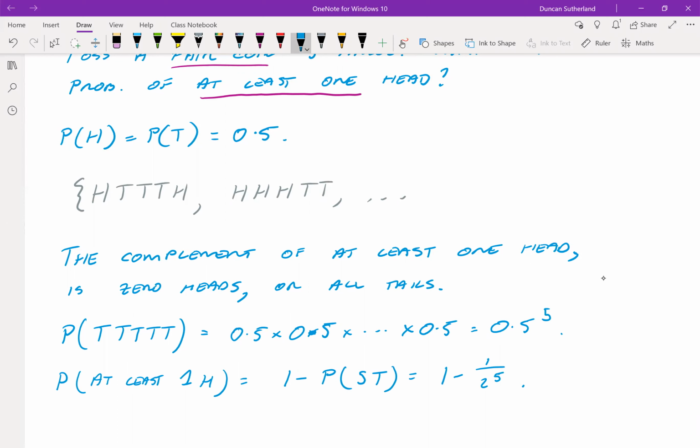So 2 to the 3 is 8, 2 to the 4 is 16, 2 to the 5 is 32, so that is equal to 31 on 32. Right, so it's pretty likely that you'll see at least one head if you toss a fair coin 5 times.